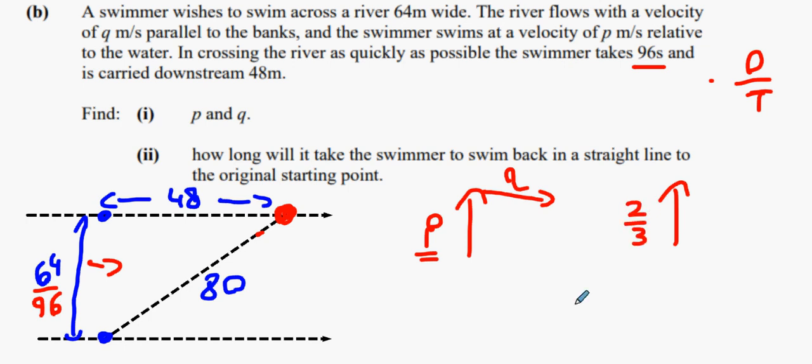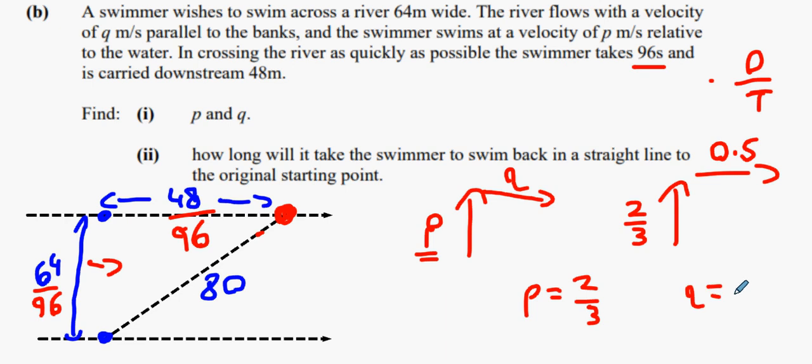Quite simply put, P is 2/3. You probably kick yourself for this now, had you not got that. And Q is 48 downstream, which is 48 divided by 96. And what's 48 divided by 96? A half. So Q is a half metres per second. Try and remember your units.